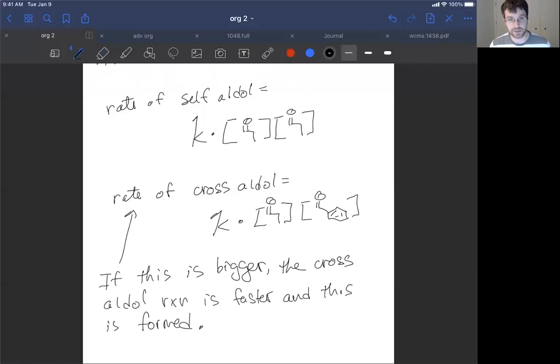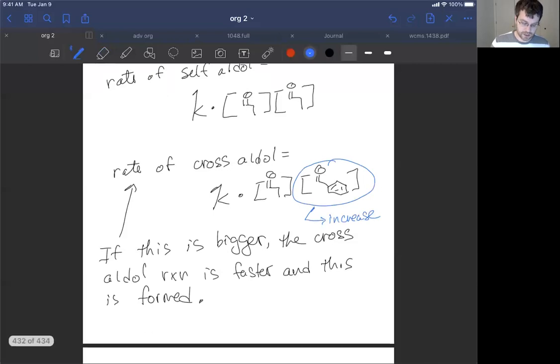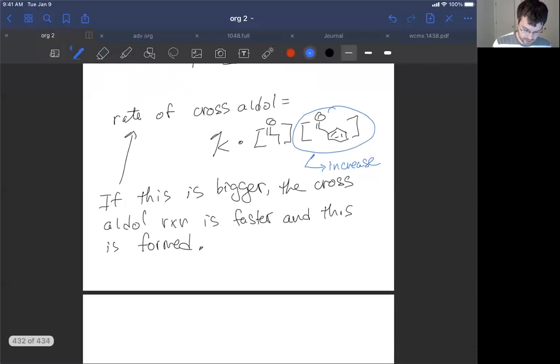So the effect is going to be greater, right? But the thing that's different is the concentration of benzaldehyde is included in the cross aldol. So what we do is we increase the concentration of the benzaldehyde to make the cross aldol reaction faster.